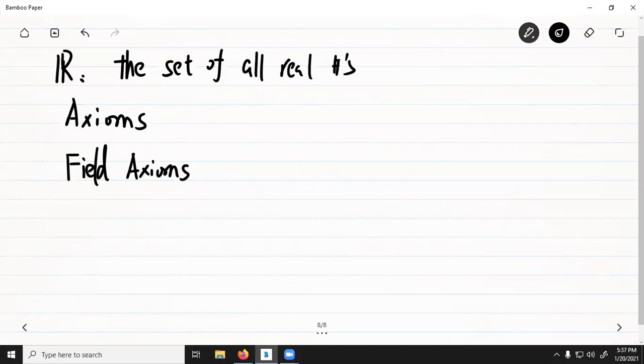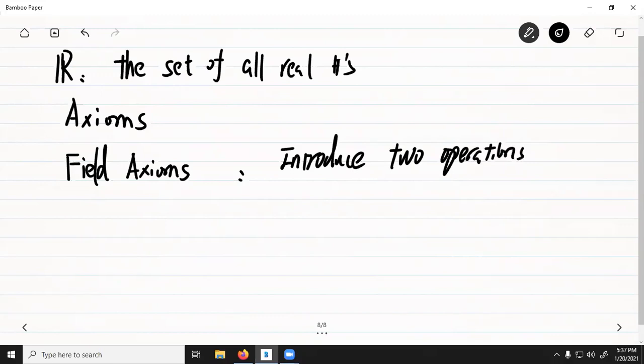For the field axioms, we should introduce 2 operations on the real number set, on R. One of these 2 operations is called the addition.